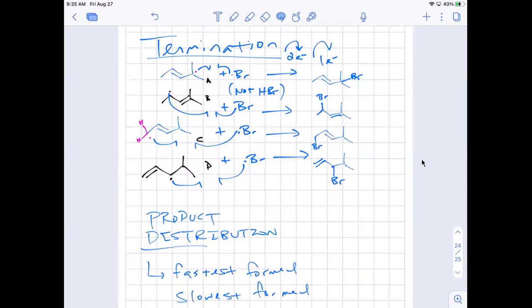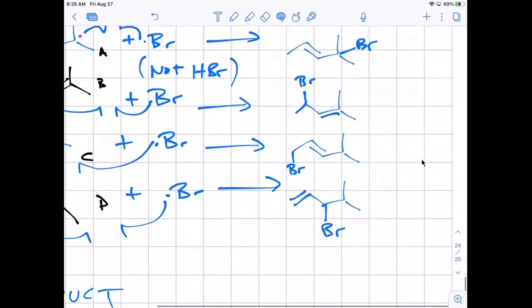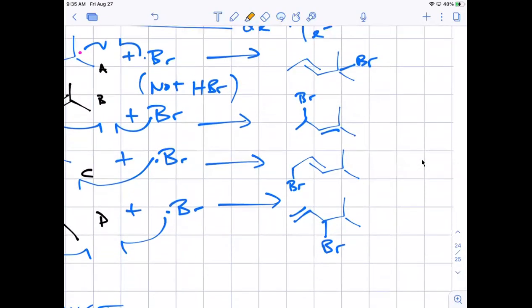So if you look at all of these products, you can see right here that carbon is tertiary, right? This carbon here is secondary, this one is secondary, and this one is primary. Do y'all remember that from part 1? Tertiary, primary, secondary just means that the carbon has 3 substituents is tertiary, 2 is secondary, 1 is primary.